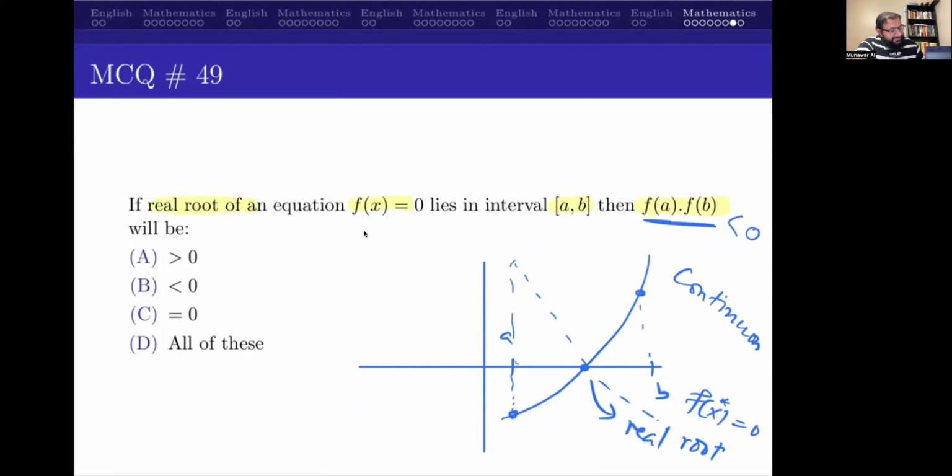In this way, f of a is positive, but f of b is negative. In either of the cases, the product is always going to be less than 0. And this comes from the intermediate value theorem. And we apply this property while we solve equations numerically by using the bisection method or a couple of other methods.